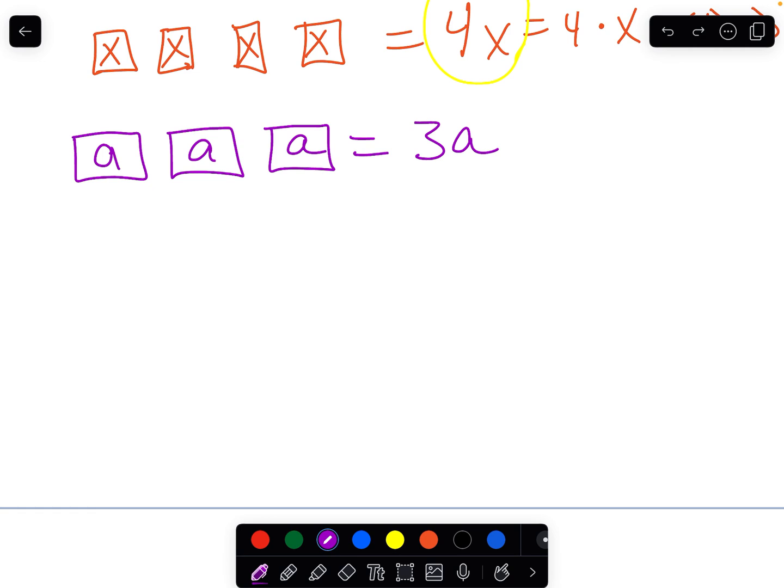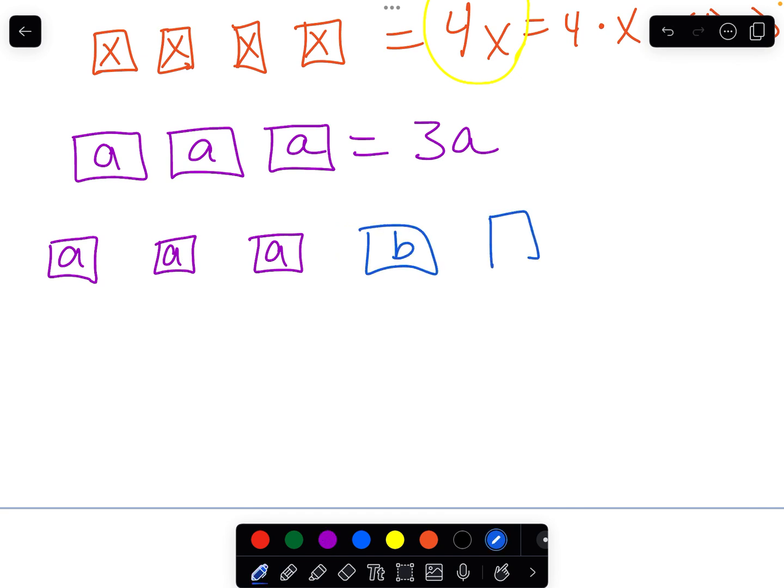So let me stick to what we're doing here. Now let's pretend we have A and B. I only have 3 A's, and then 2 B's. If I were to write an algebraic expression to describe what I've got here, I would have 3 A's plus 2 B's. So 3A plus 2B.